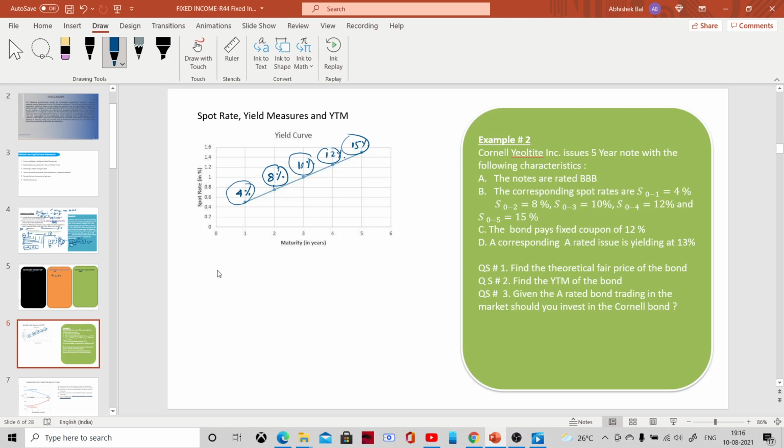The pricing of the security, or the theoretical fair price of the security, must be equal to the present value of all the cash flows that I'm going to receive, which are projected, right? So how much am I receiving in my first year? I'm going to receive for the next 5 years, t equal to 0 to t equal to 5.